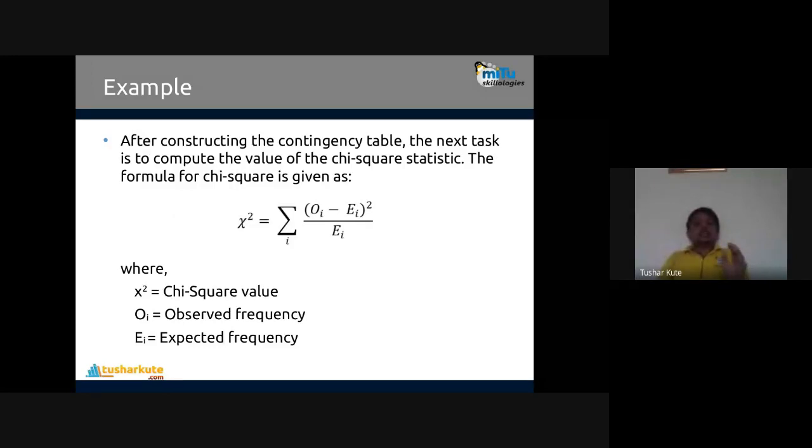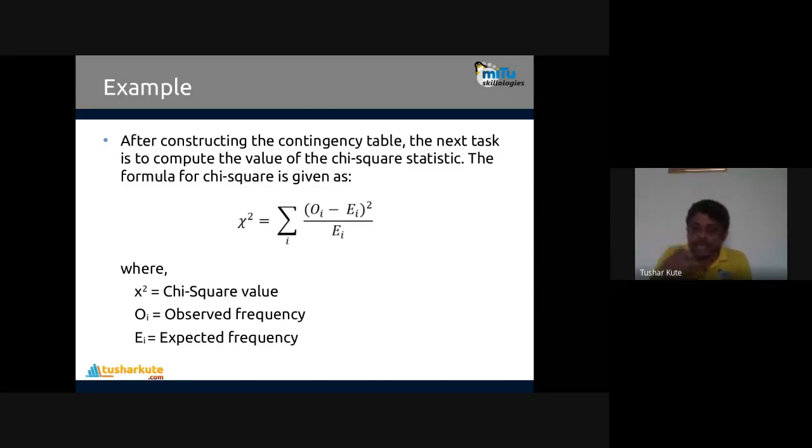Now here we use the chi-square formula to find the chi-square value. After constructing the contingency table, the next task is to compute the value of the chi-square statistic, just like the t statistic we applied in the previous case. Here you apply the chi-square statistic like this.